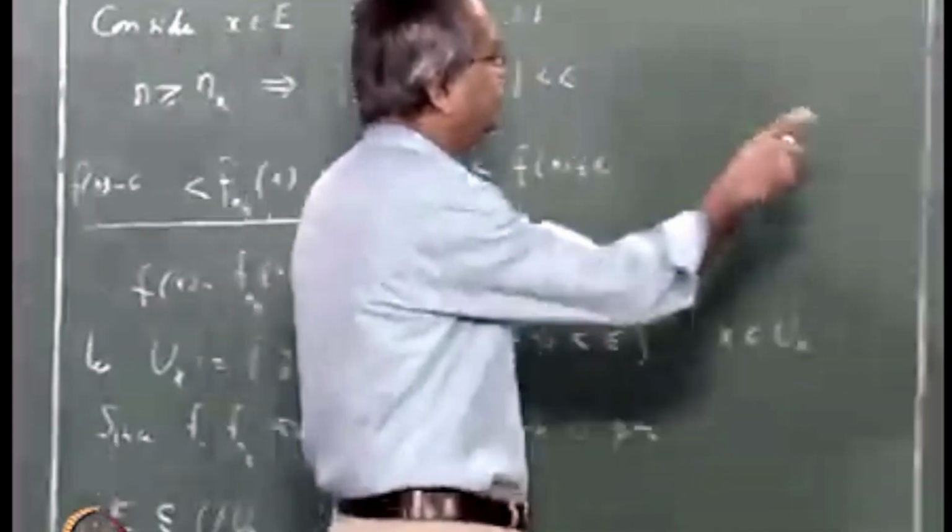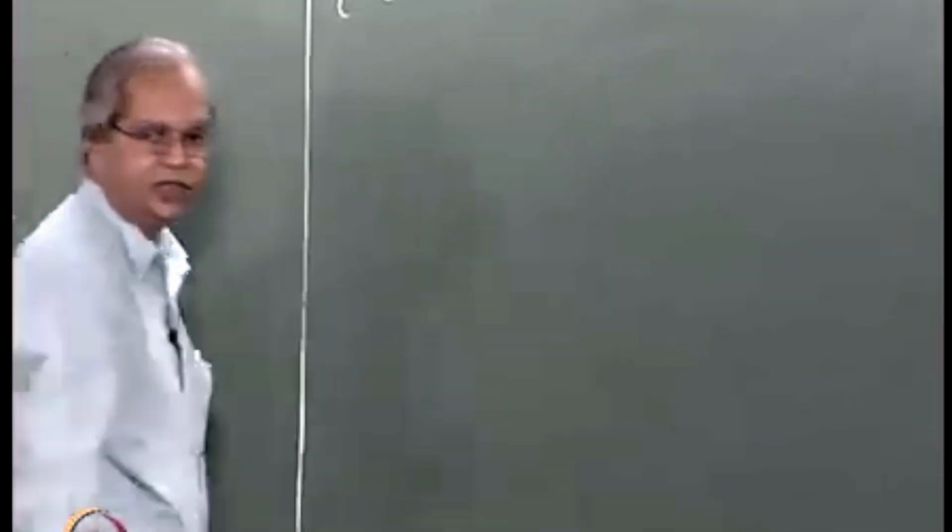So what follows after this? Because E is compact, this should have a finite subcover.